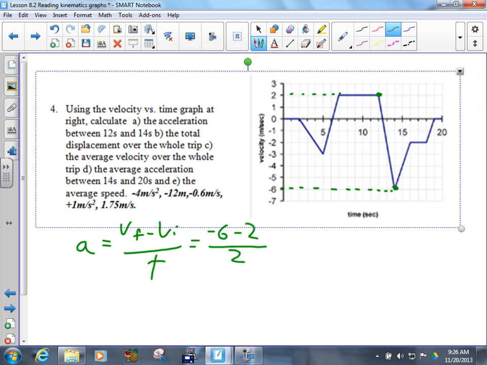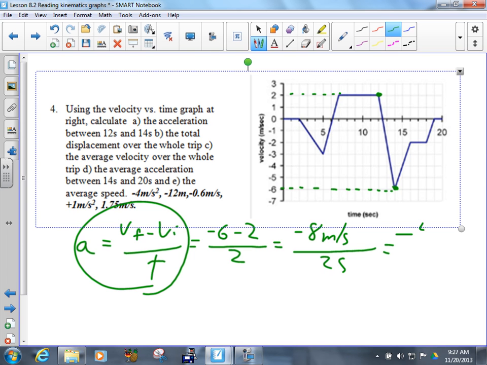It is. That's where this formula comes from. This is the slope formula from a velocity versus time graph, but it works to find acceleration because it gives me the rate of change of velocity, which is going to be -8 meters per second over 2 seconds.